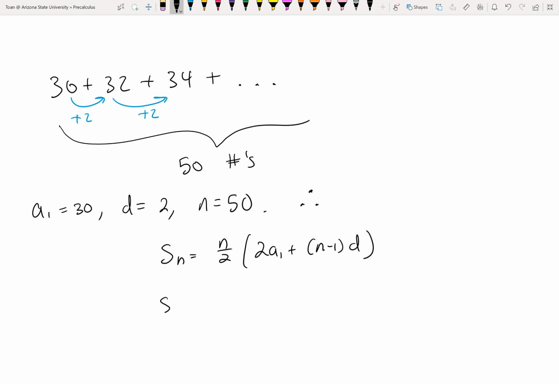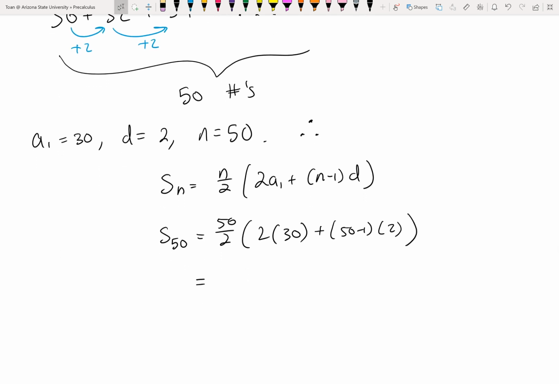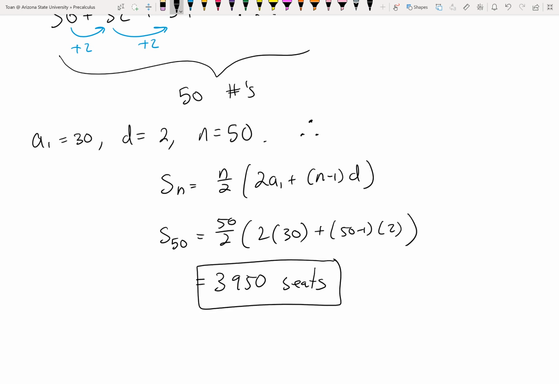Just plug everything in. S sub 50 equals 50 over 2 times 2 times 30 plus 50 minus 1 times 2. And then you just do math. If you compute it all, you're going to get 3,950 seats. This amphitheater has that many seats.